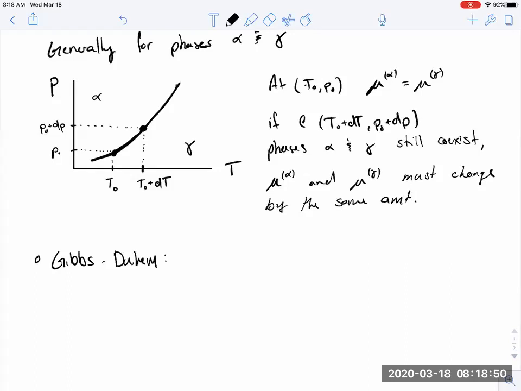The Gibbs-Duhem equation relates the temperature to changes in the pressure and changes in the chemical potential. And what goes with temperature is entropy. What is conjugate to pressure is volume. And for the chemical potential, the number of particles.